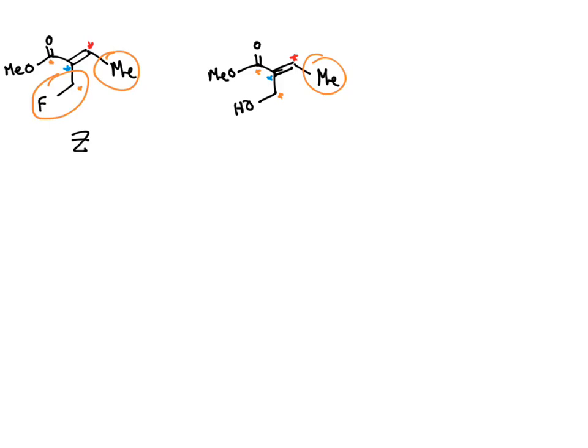And now we get to oxygens in either case, but this time, the top orange carbon atom is bound to 3 oxygens, while the bottom orange carbon is only bound to 1 oxygen. And so in this case, the atomic number is the same, but the number of oxygens it's attached to is higher, so that makes the top carbon higher priority, and so this now is an E alkene. They're on opposite sides.